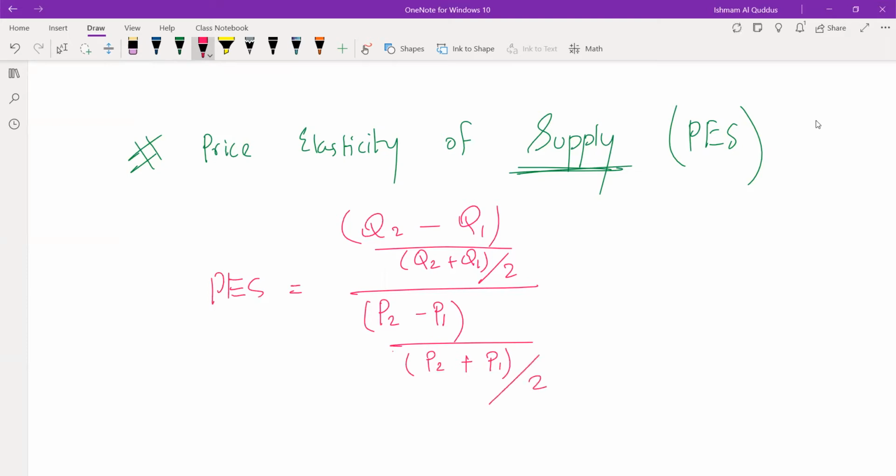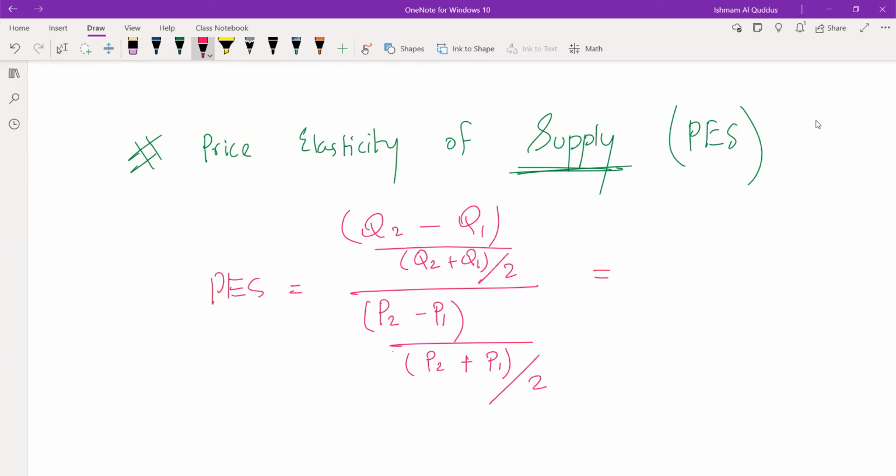So it is the same, right? If you see, we actually use exactly the same formula as for PED. Here, however, although we are using the same formula, we are looking at the quantity supplied and the price of the supplied goods. So this would give you a positive number.